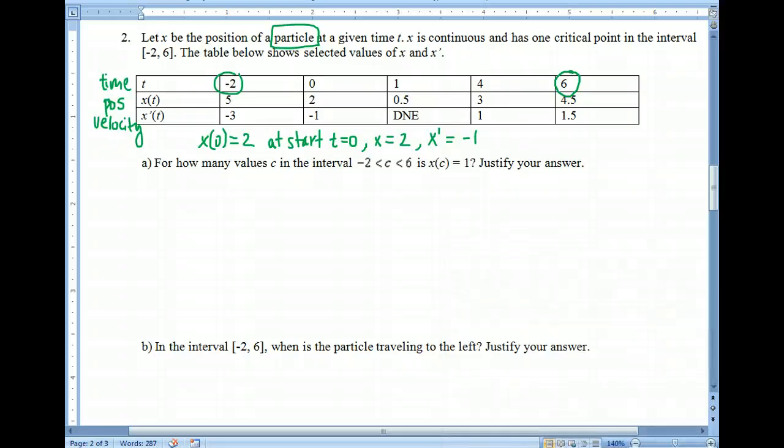You graph all the positions. So -2, 5. Where are you interested in seeing the crosses?